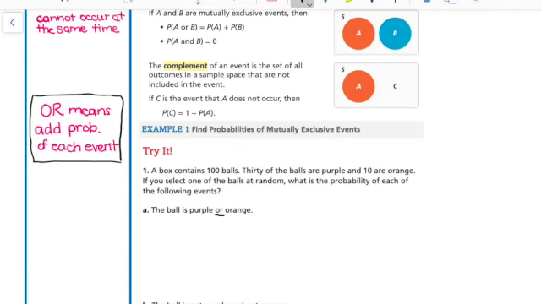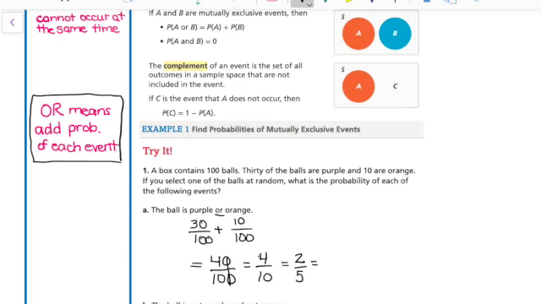So purple is 30 out of 100. Or means to add. And orange is 10 out of 100. So 30 plus 10 is 40 out of 100. We can reduce that to 4/10, which would then reduce to 2/5.